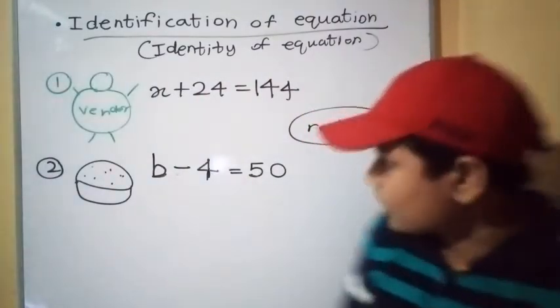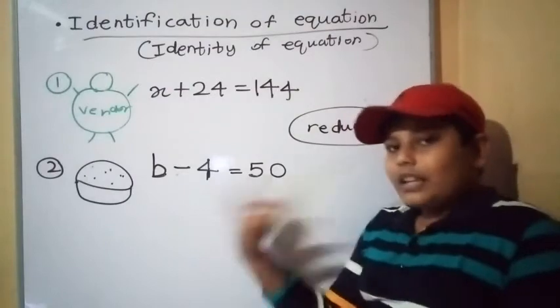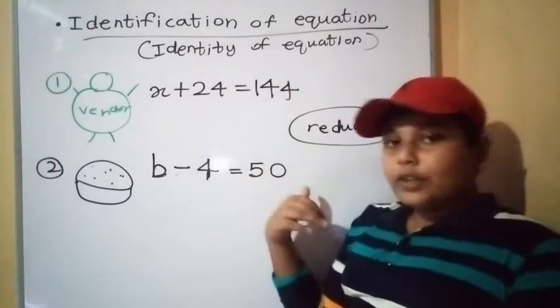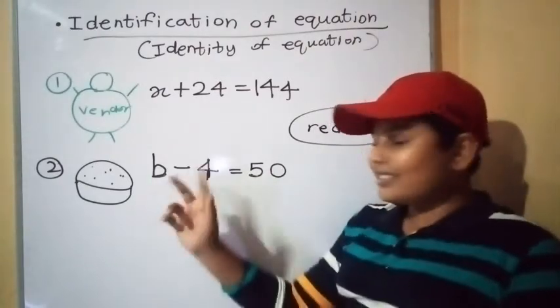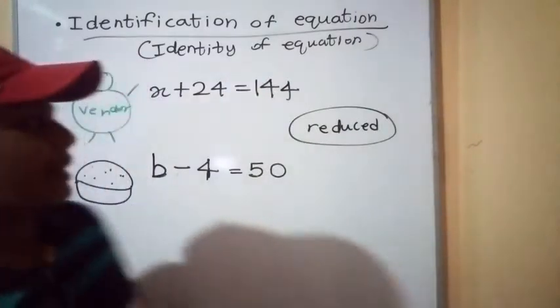Why? Because the new price, 50, is reduced by 4 rupees from the original price. It is the subtraction one, because the adding one does not fit this way.